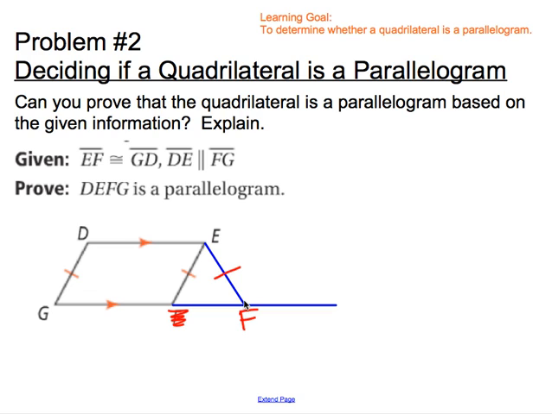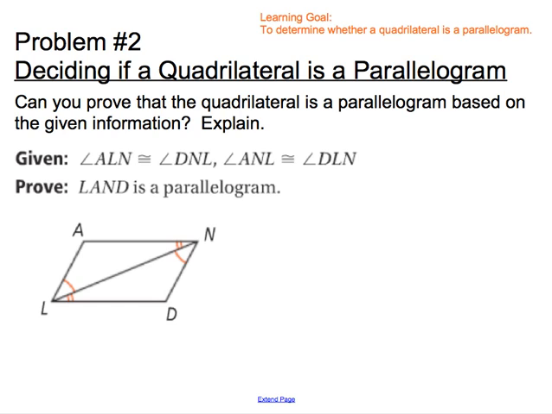Segment EF is still exactly the same as segment GD, and DE is still parallel to FG, but this is no longer a parallelogram. So this one is not possible. And the reason for that is having parallel sides with the other pair of sides congruent does not necessarily show that a quadrilateral is a parallelogram.